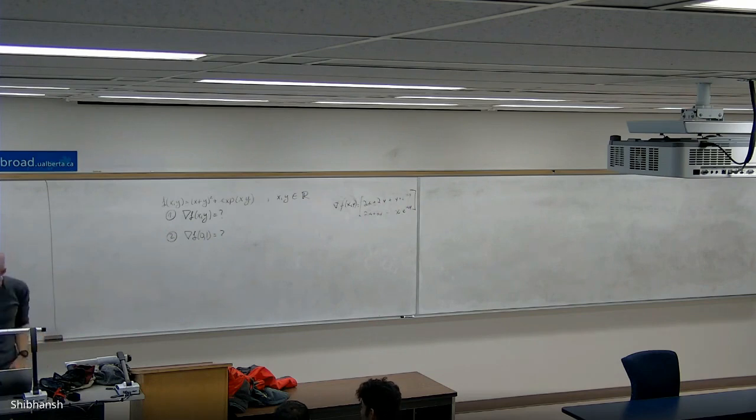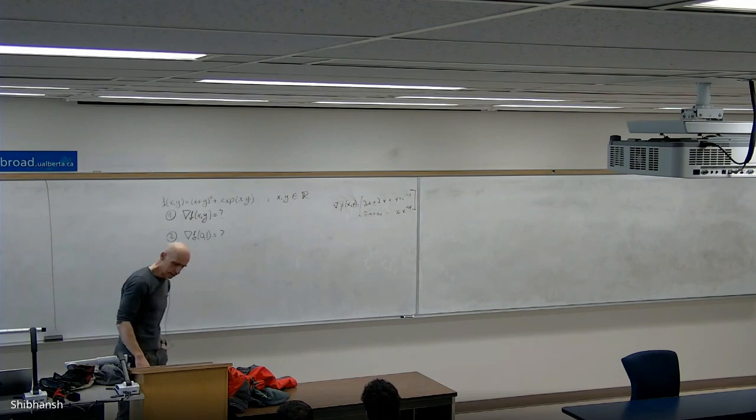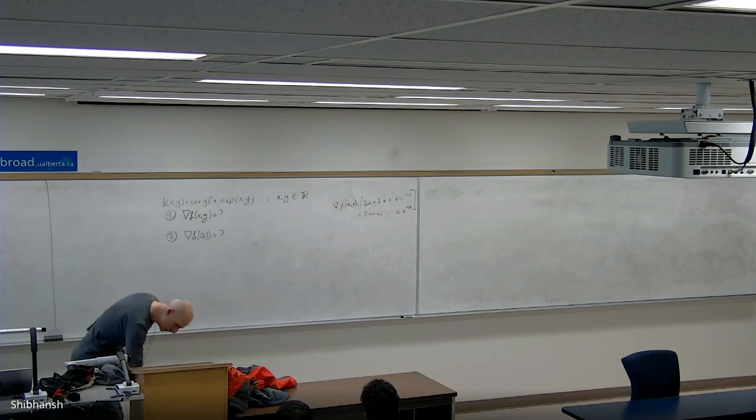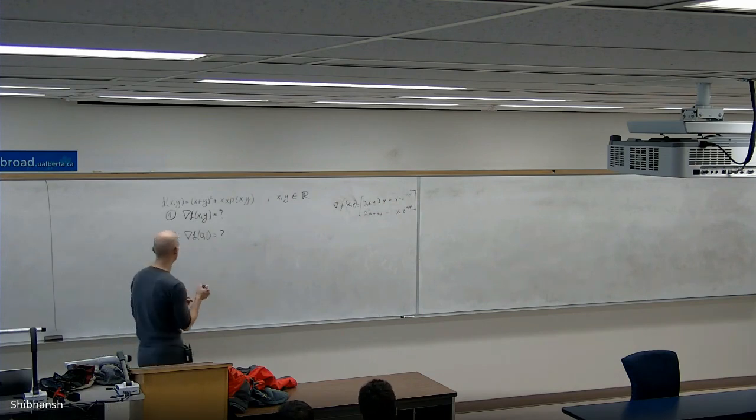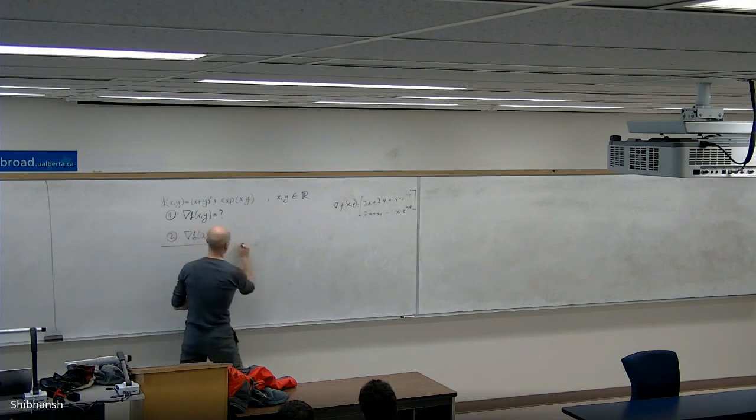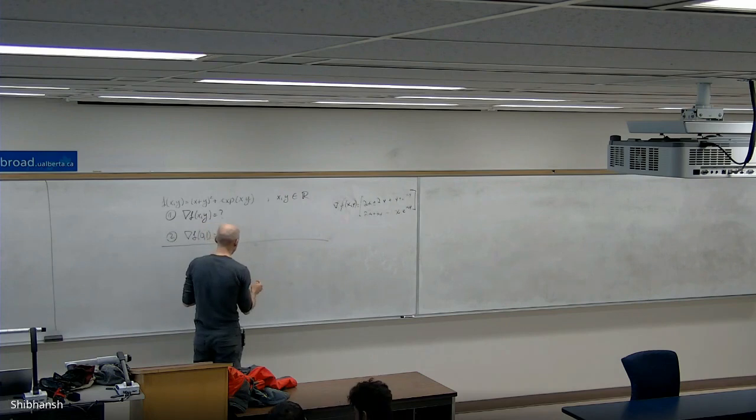So why do we need to check that the partial derivatives are continuous? That's kind of awkward if we have to say that. So here's an example. It's kind of a classic example for why you need to check this.